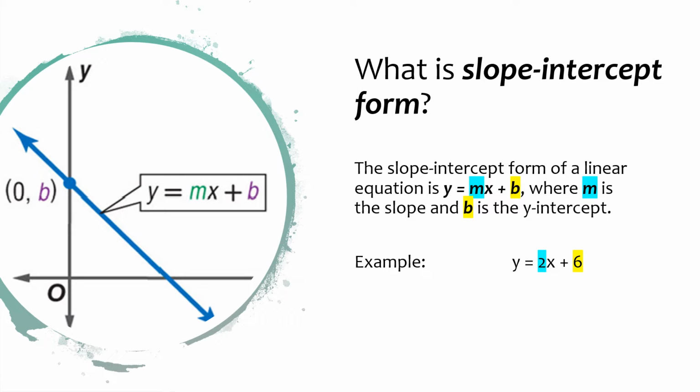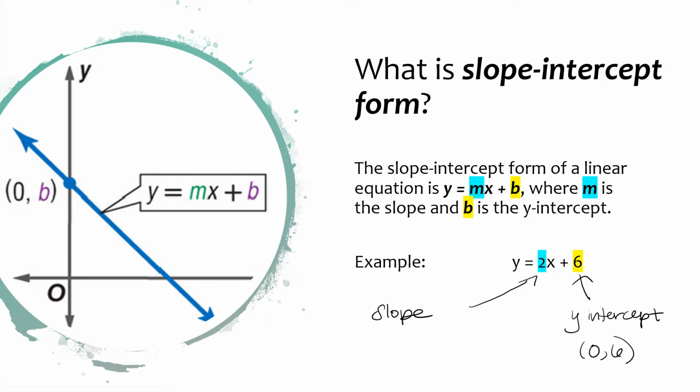So again, in this particular case, 2 would be my slope, right? And 6 would be my y-intercept. And when I say 6 is my y-intercept, that means that when x is 0, y is 6.